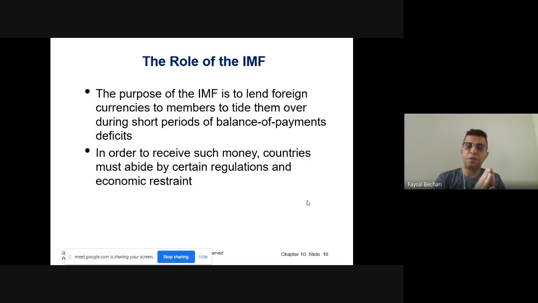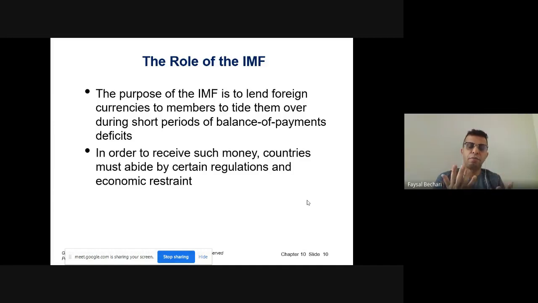Now, the purpose of the IMF is really to lend foreign currencies to members to tide them over during a short period of balance of payment deficit. So let's say, for example, Greece in the old days had a balance of payment shortage. They were paying more due to trade, importing more than what they were getting from their exports.